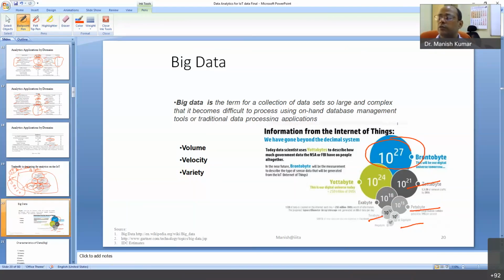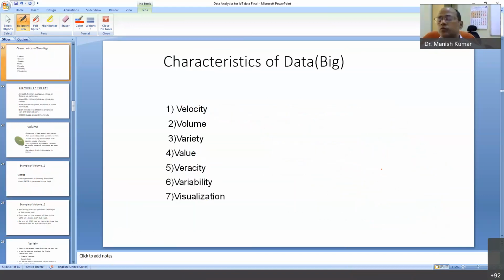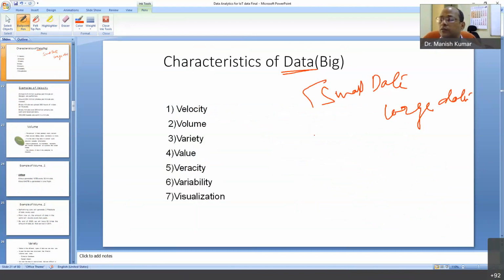So that means we actually have a huge amount of data which is produced in the environment. The question is, why do we say that it is big data now? Because there is a very thin line of difference, as small data and large data were already in place.